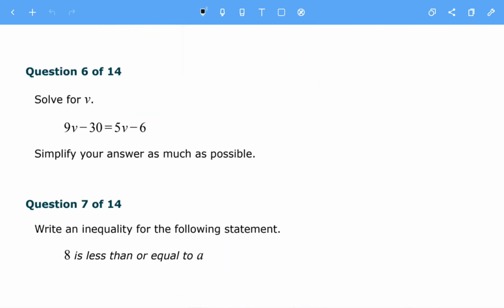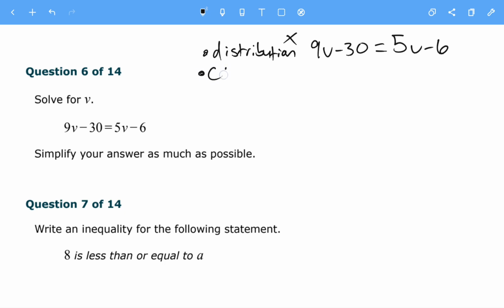All right, question 6. This time we are going to use the same method we did before. So 9v minus 30 equals 5v minus 6. First we check for distribution, which we don't have. Then we combine like terms, which on either side individually we do not have.